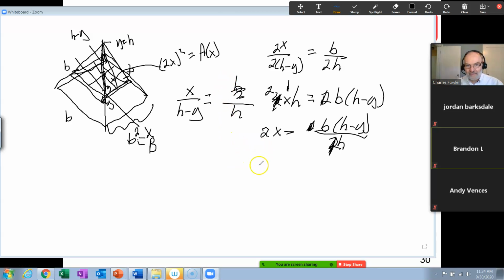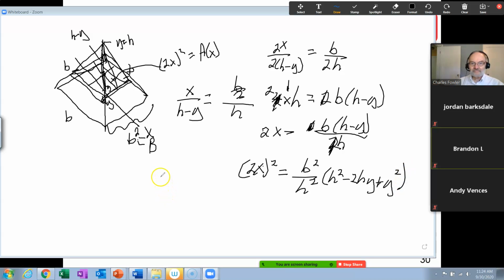So 2x squared would then be b squared over h squared times h squared minus 2hy plus y squared, squaring that binomial. Okay, that's your area. Okay, so that's the area of that rectangle, that square that's in there.